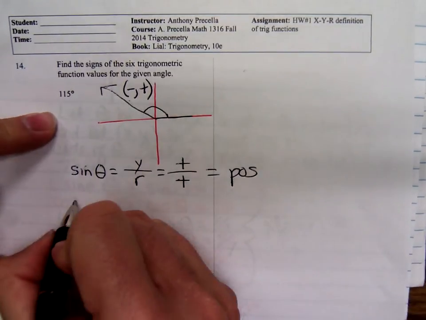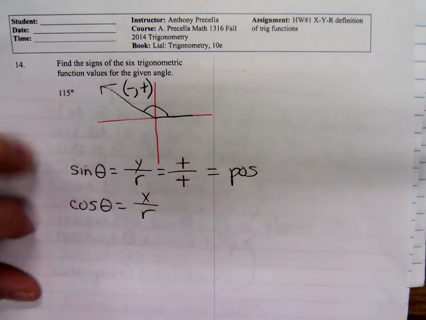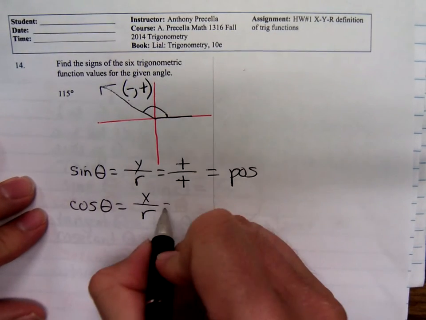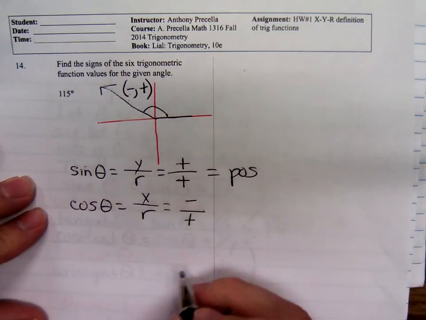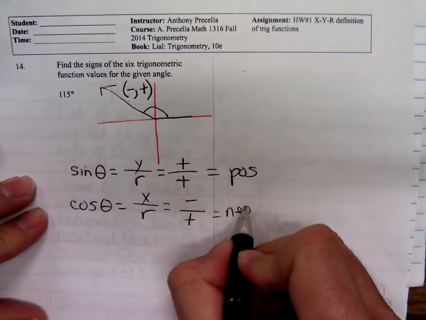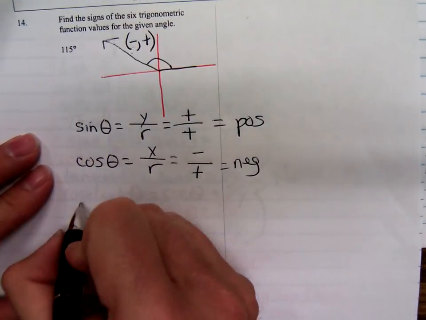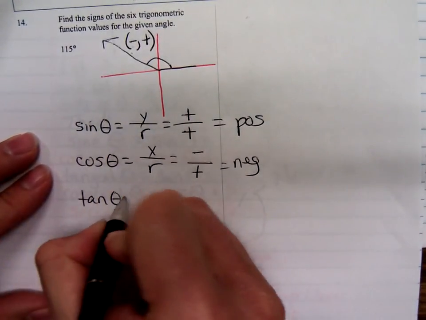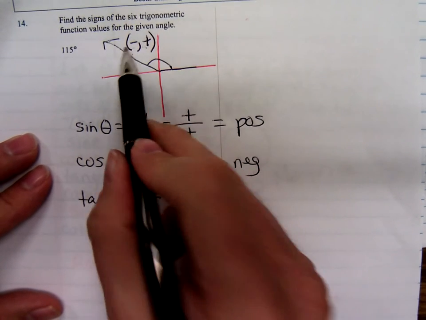Cosine theta, x over r. In quadrant 2, x is negative, r is always positive. So cosine is negative. Tangent is y over x. Positive over negative is negative.